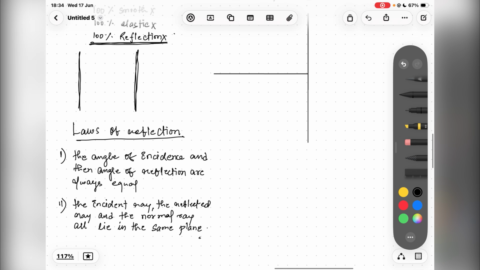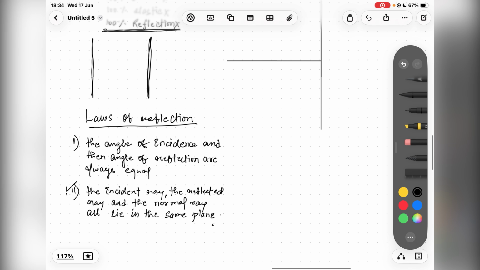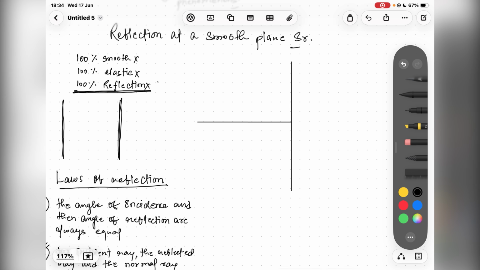Okay, so second one, let's explain the second law first. Suppose here is a mirror and here is an object. It gave off a light beam, something like that. And this was the normal.